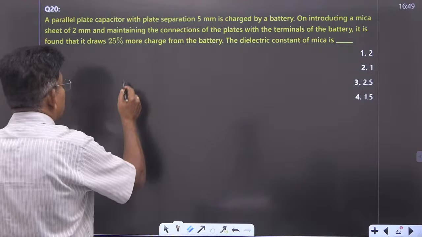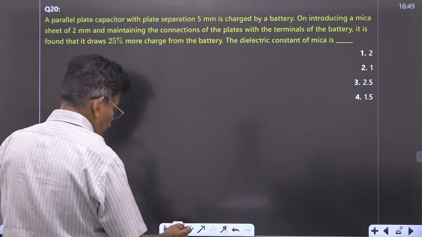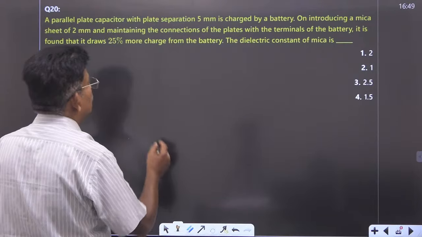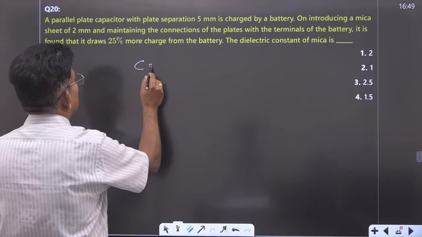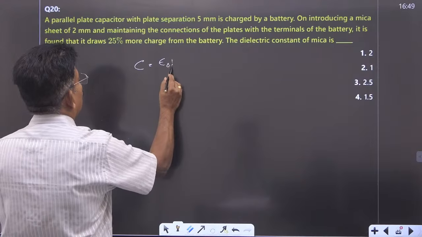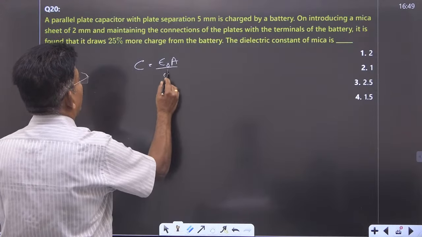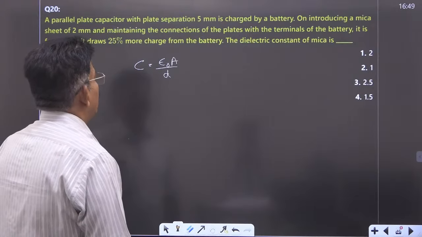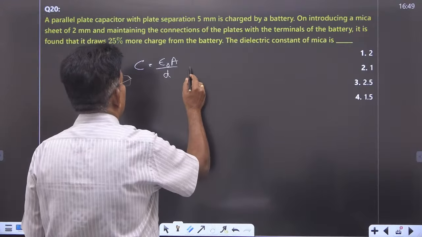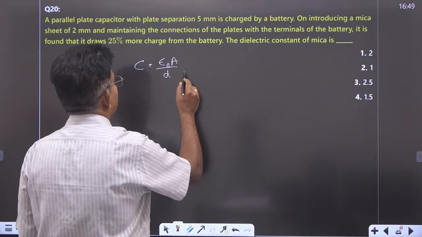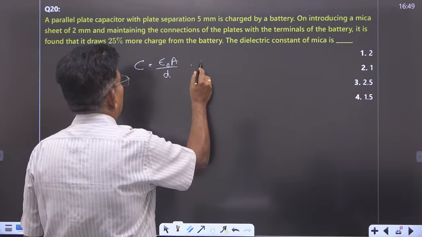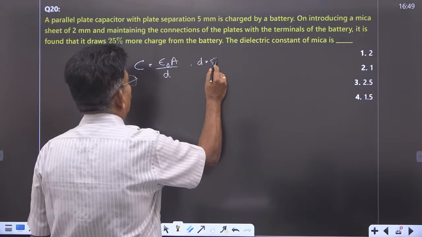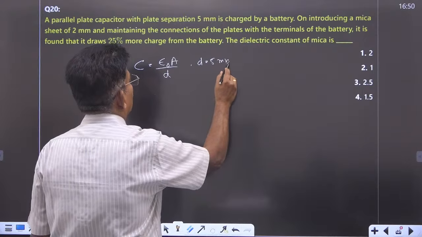initial capacitance C is equal to epsilon 0 A by D. D is 5 millimeter. Let it be in millimeter, I'm not converting it.